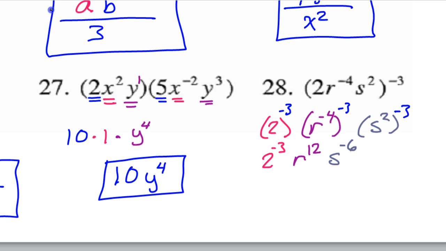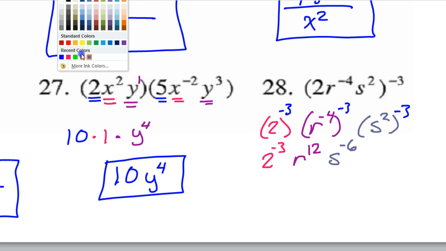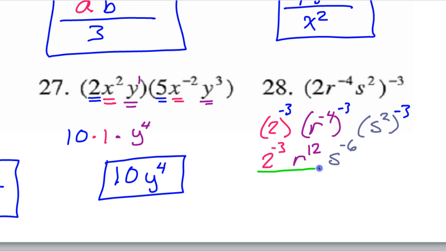Now, don't forget, we have this invisible fraction going on here. And these 2 things that have negative exponents are on the wrong side of the fraction. So this is going to have to drop down. And this is going to also drop to the denominator.